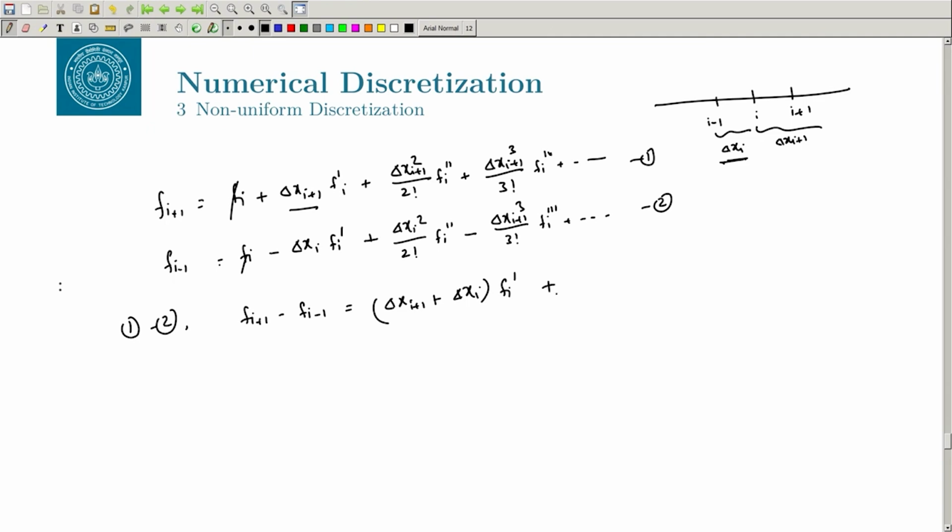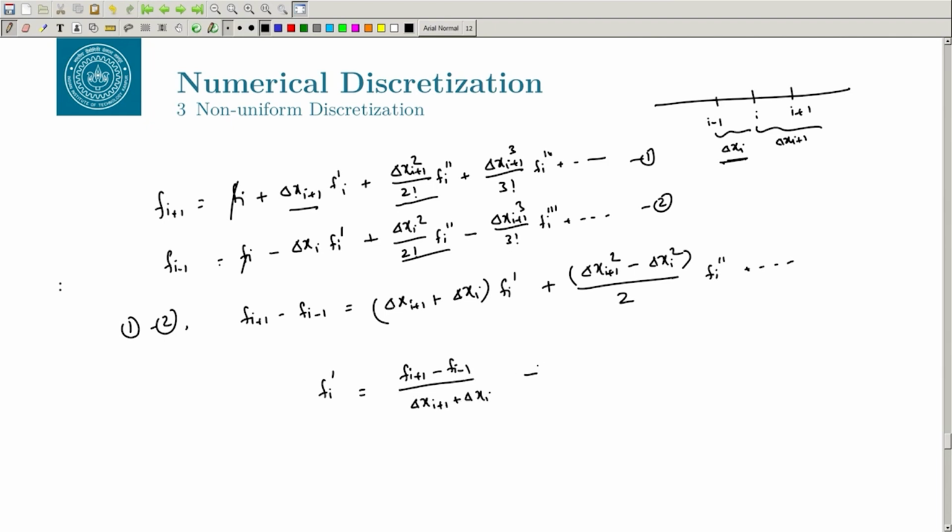And earlier when we had uniform mesh, this used to get cancelled, but this time it will not get cancelled, and this will become delta x i plus 1 square minus delta x i square by 2 f i double prime, and then we will have other terms. So, you rearrange it, f i prime will become f i plus 1 minus f i minus 1 by delta x i plus 1 plus delta x i, minus.